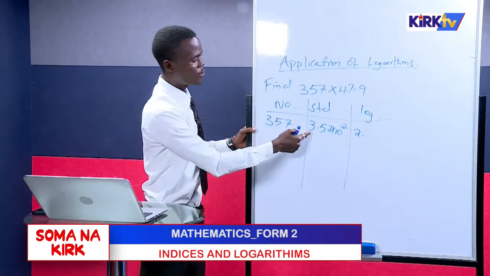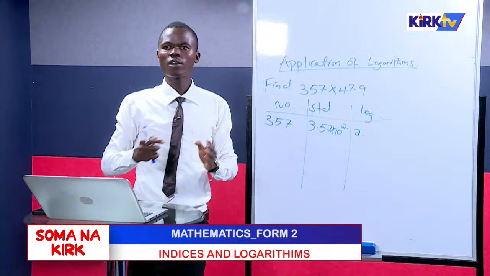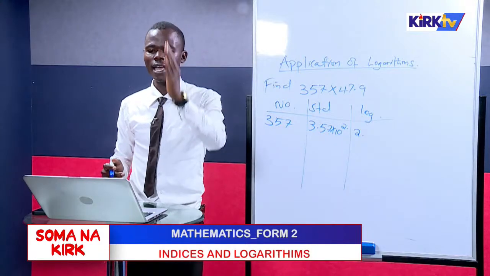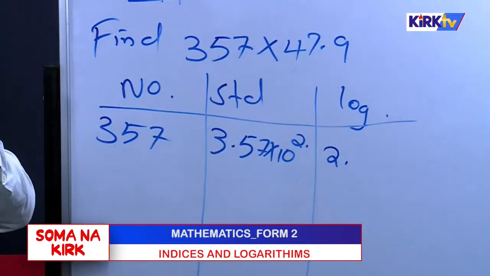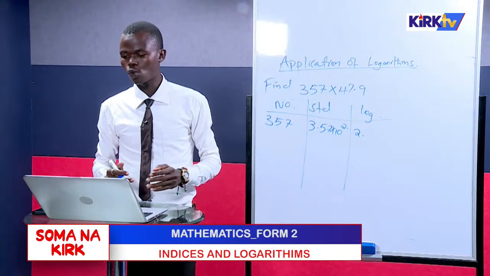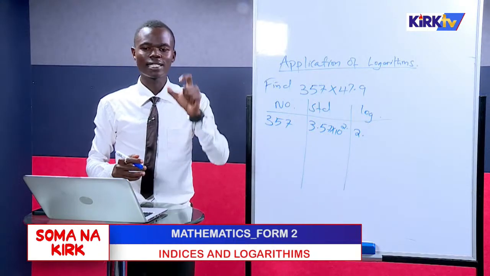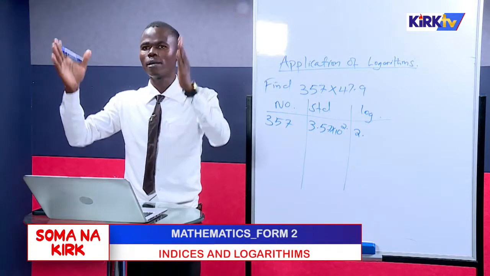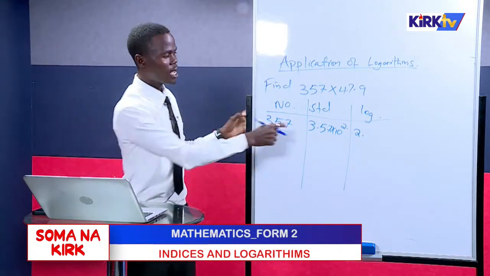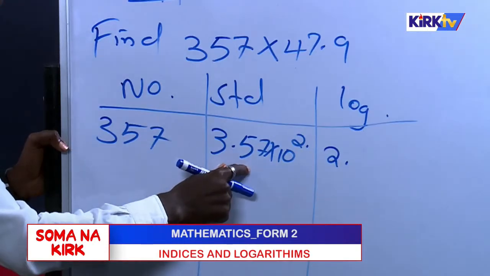We check 3.5, and 3.5 is always on the X column of the table. When we open the logarithm, there is a specific page for the logarithms, where it is written the logarithm. So we check the X column, which will be 3.5.